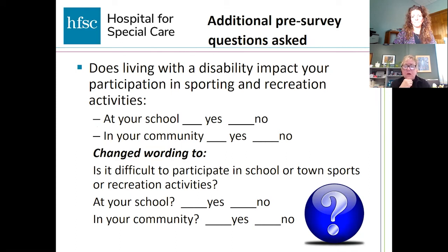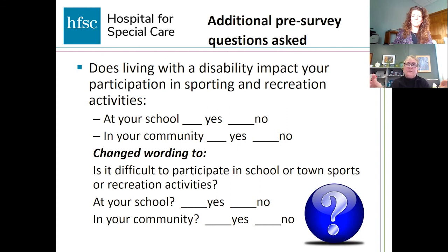In part this is purposefully here because prior to 2018, we used to frame a question saying, does living with a disability impact your participation in school and community? Well, we would get a lot of nobody answering the question, and we wondered why.